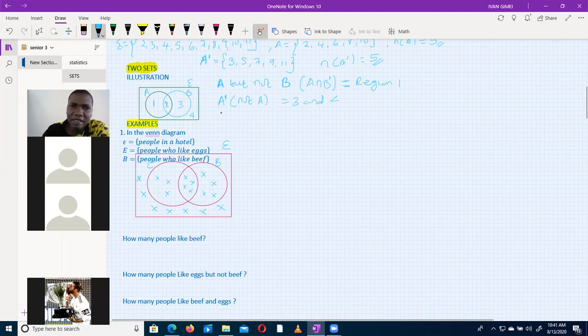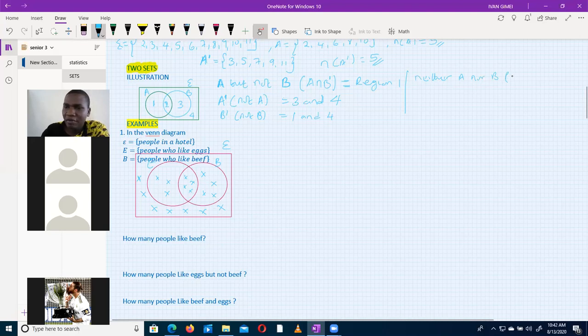Then the other one is, of course, B complement. B complement, that's not B. Which regions are those? 1 and 4. Then the other region is neither A nor B. How do you write that using math notation?